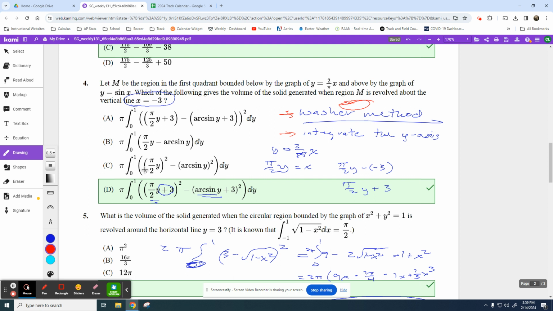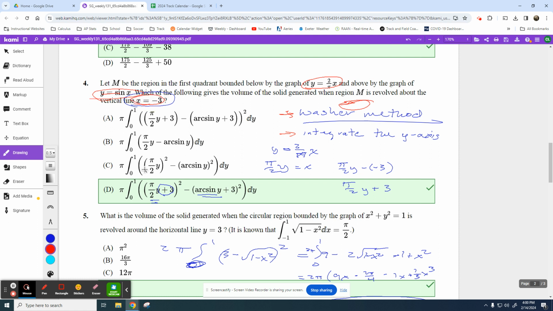That means we've got to solve all these equations, this one here and this one here, into values in x. If I just flip this over, this becomes pi over 2 y. Then if I solve this one for y, I get the arc sine of both sides. And then we've got to deal with this negative 3 here.